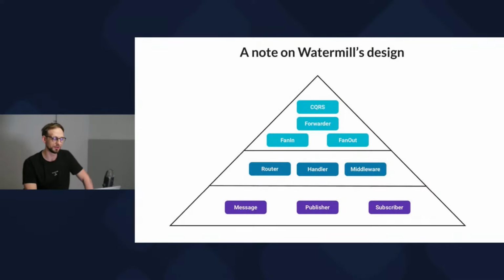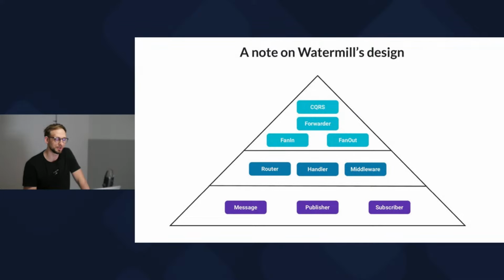Cool. So before we start to dive into this, I just want to spend a moment on the high-level Watermill design, because I was thinking that we released 1.0 5 years ago. That's a long time, and we didn't change the public API, which is great, but we still added lots of new features.